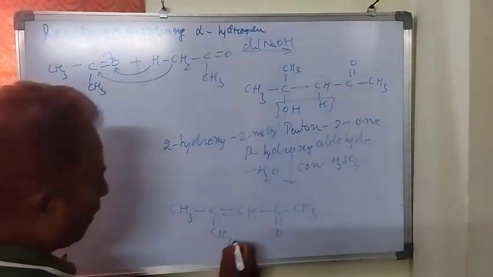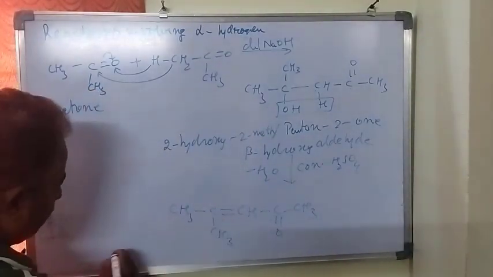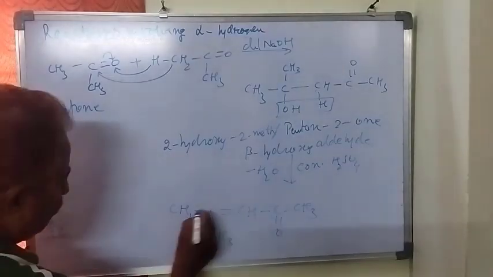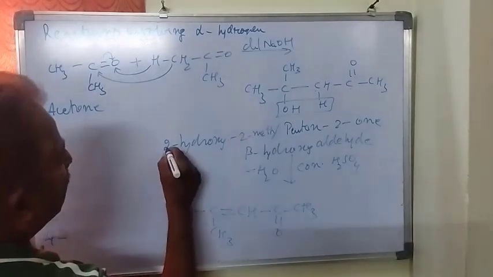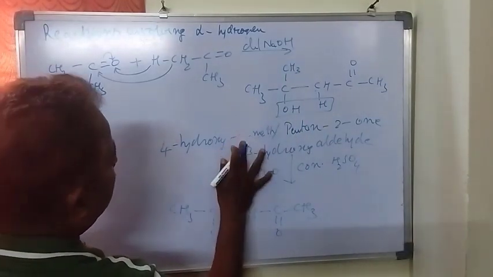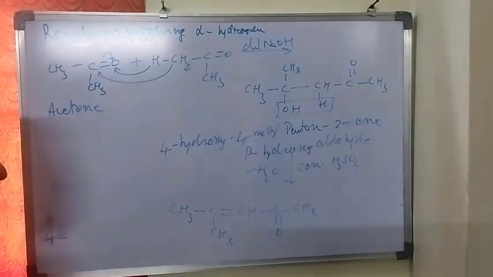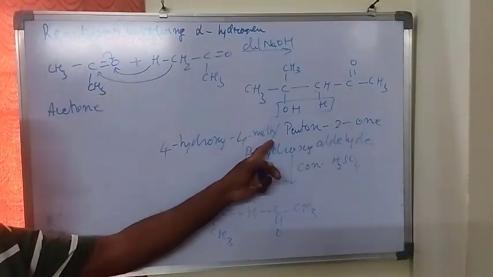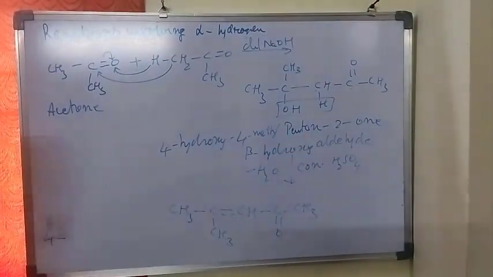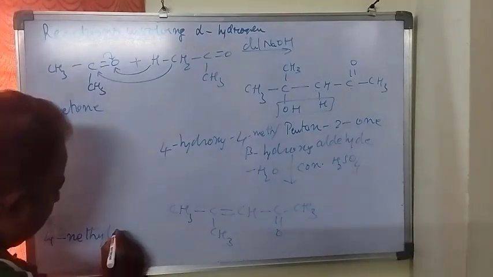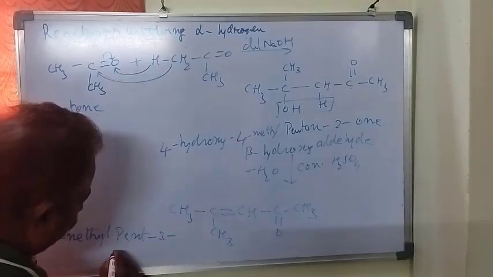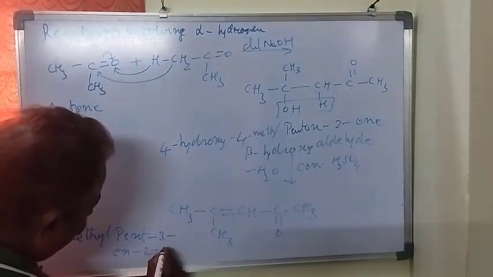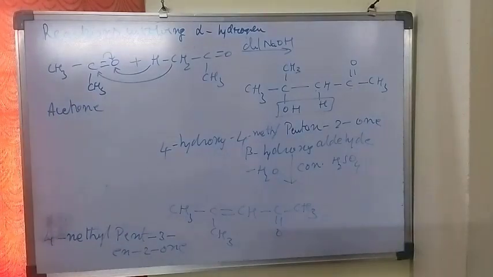The methyl group is present on the 4th carbon atom, and the double bond is present on the 3rd carbon. Therefore this is 4-methylpent-3-en-2-one. So this is the alpha beta unsaturated ketone.